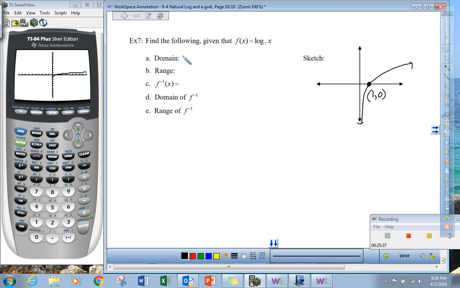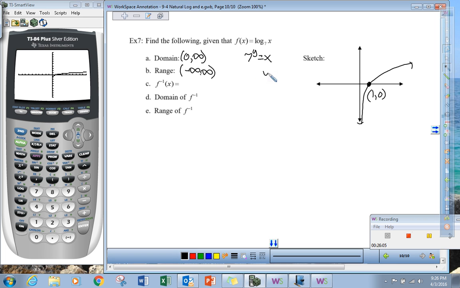Its domain, 0 to infinity. Its range, negative infinity to infinity. The inverse of this, I'm going to put it in exponential form then. Normally it would be 7 to the y equals x.